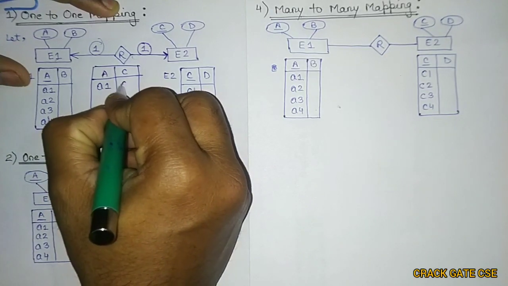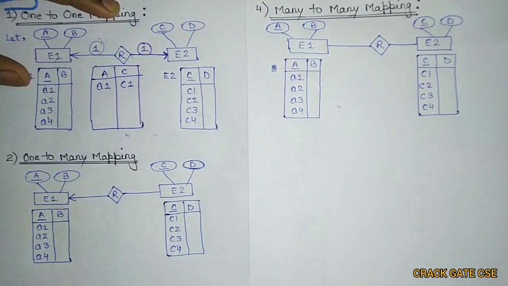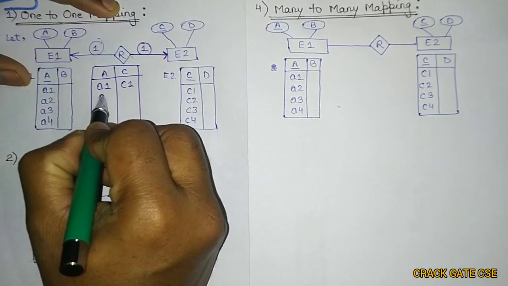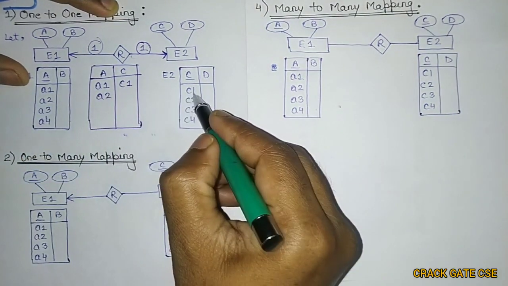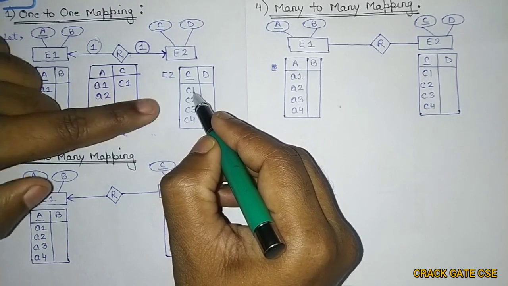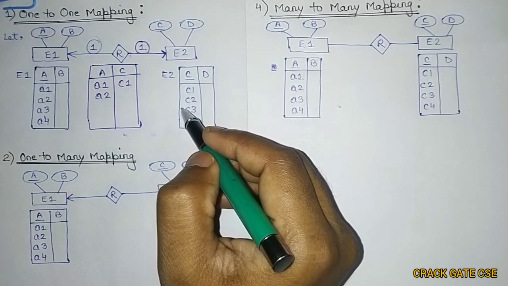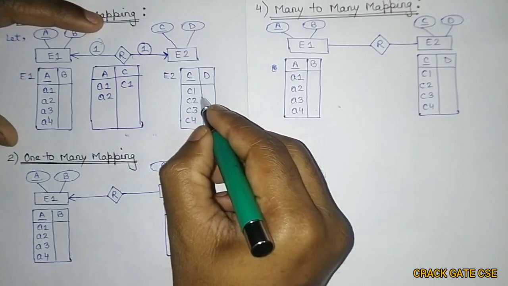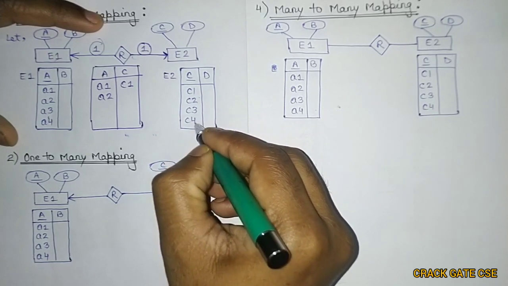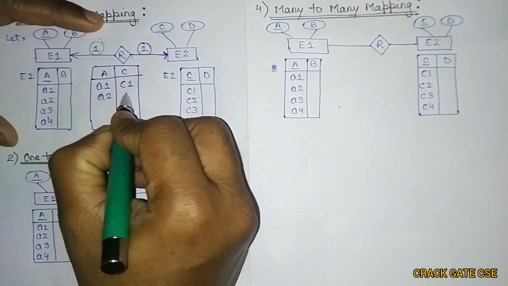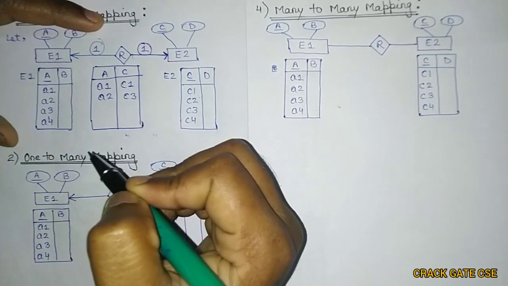Let's say it has been related with C1, right? Now A2 cannot relate with C1 because it has already been related. So this A2 has to relate with any one of the rest of the 3. Let's say it is related with C3.